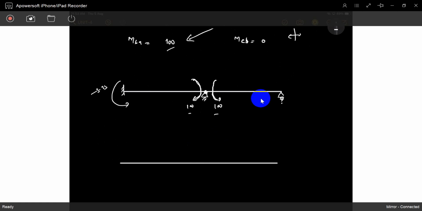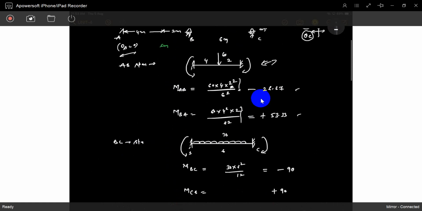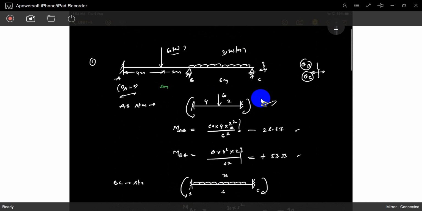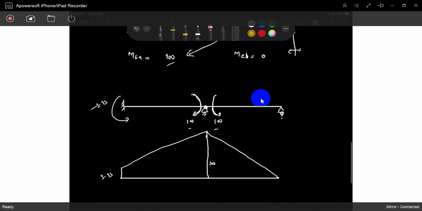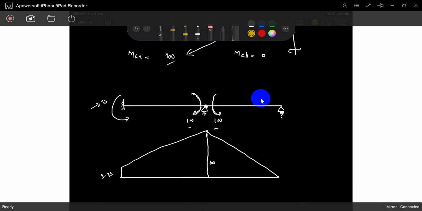Negative 3.33, 100, 0, 0, 3.33, 100. These are the fixed-end moments, the hogging moments. So what are the real moments? If you take it, there is a point load and a uniformly distributed load.